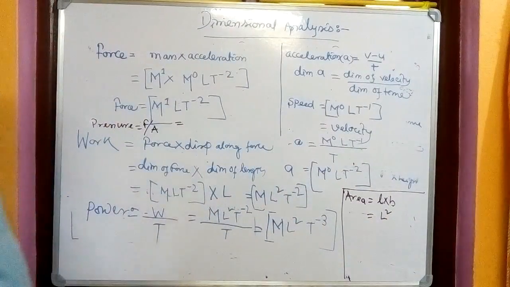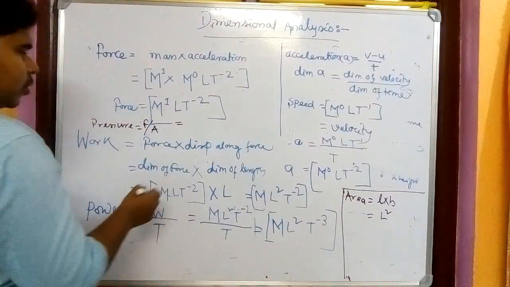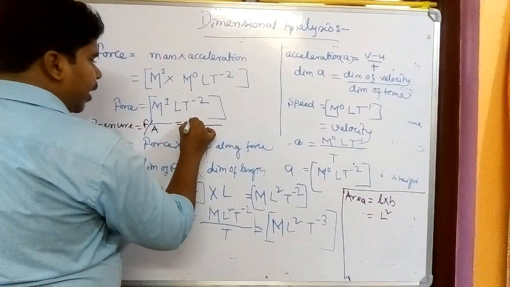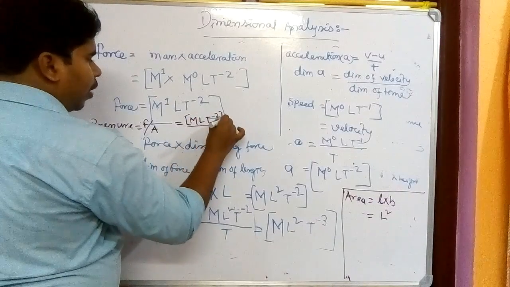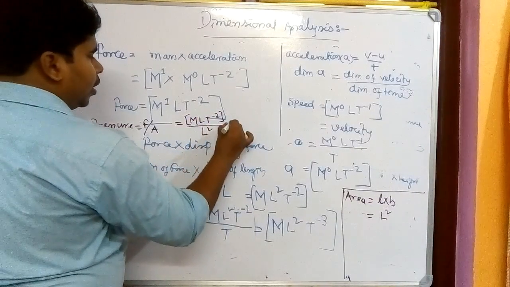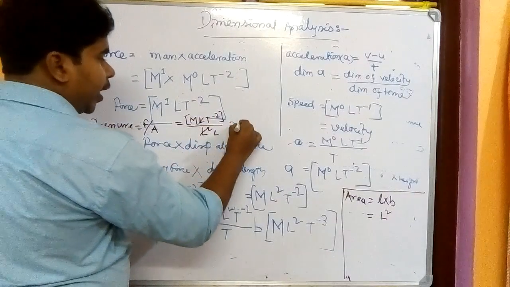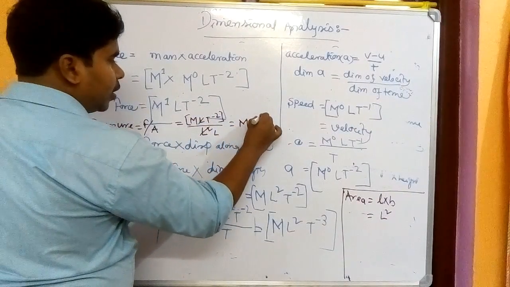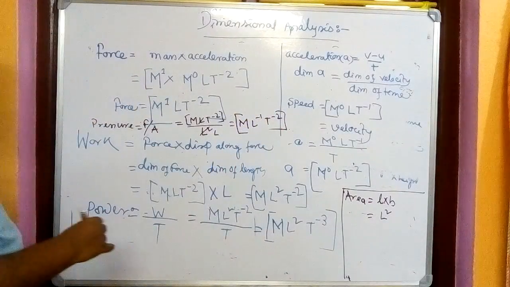Both the things are length. So pressure equals [M L T⁻²] by L². So this L will be cancelled out, so [M L⁻¹ T⁻²]. That is the dimension of pressure.